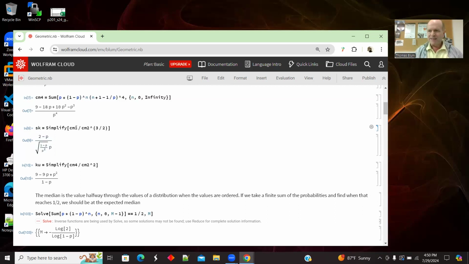Let's say we are measuring distances in feet. Then this would be feet cubed, and the second moment would be feet squared. But if I take feet squared and raise it to the 3/2 power, then I'm getting something without a unit. So that's that definition.